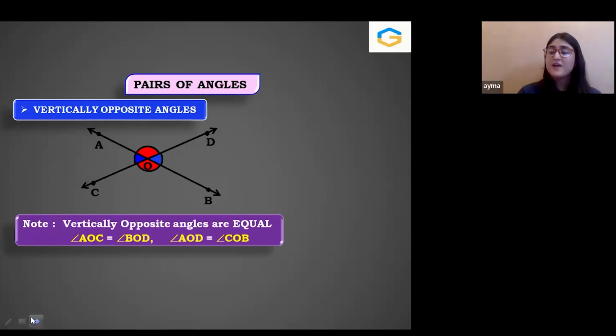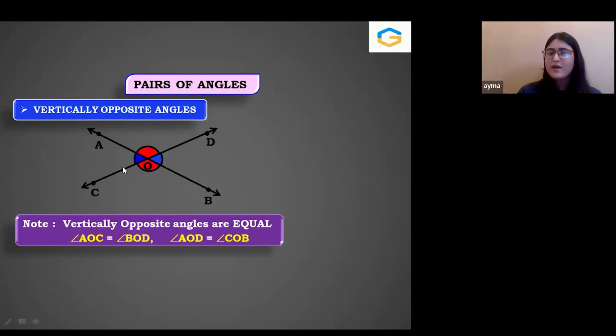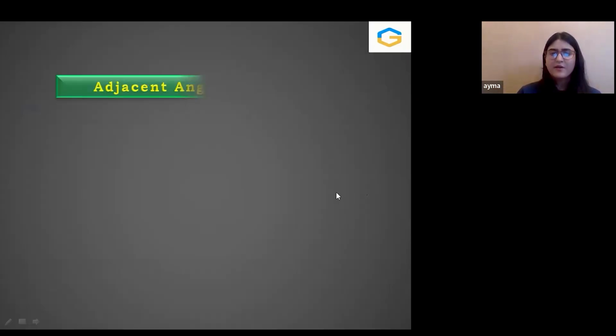And vertically opposite angles में एक property होती है कि they are always equal to each other. If let's suppose angle AOC is 30, angle DOB is also going to be 30. I hope this is clear for everyone.